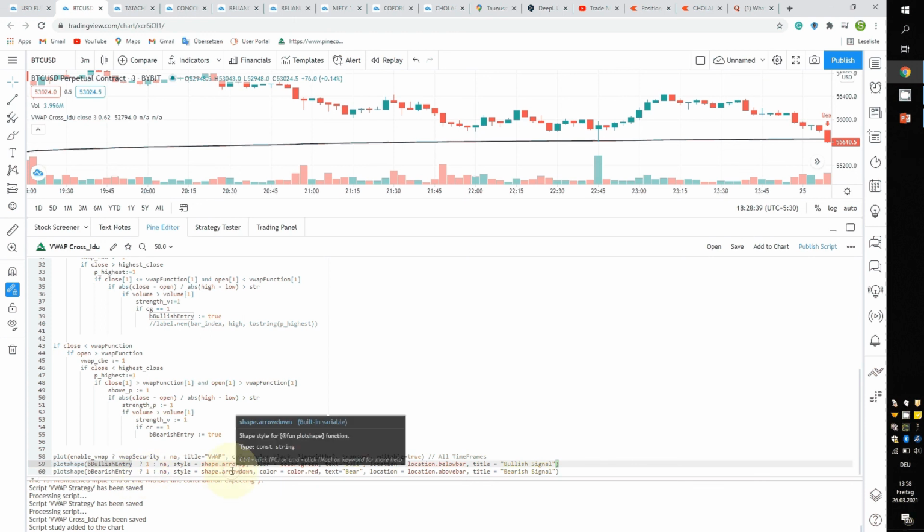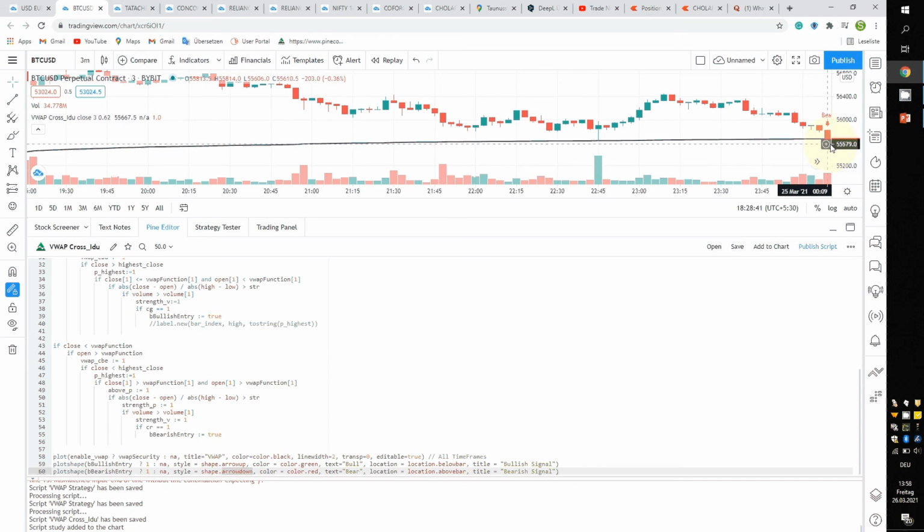It will plot an arrow down. You can see it has plotted an arrow down here. Since it is a bearish signal, I chose the color red, and you can also overlay a text on it, and the text name is pair. You need to provide the location where it should plot it. The location is location above bar, so it will take the current bar, go above it, and plot it.